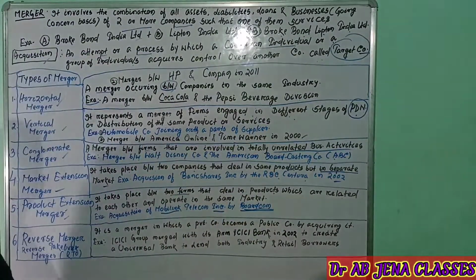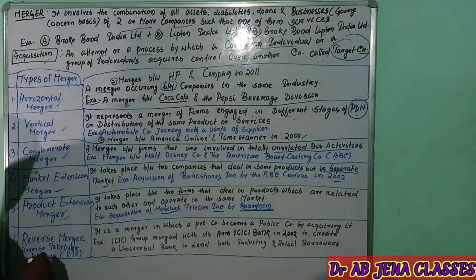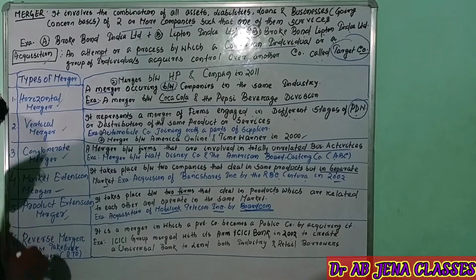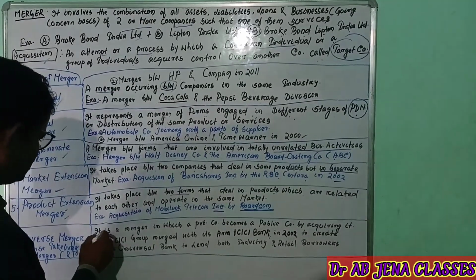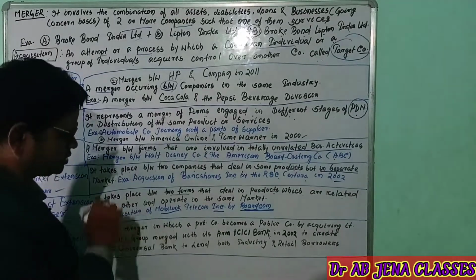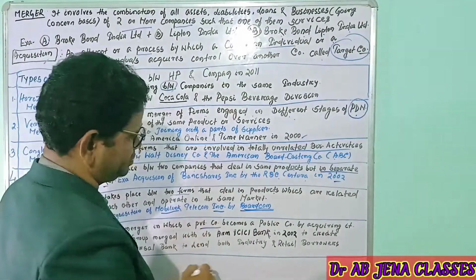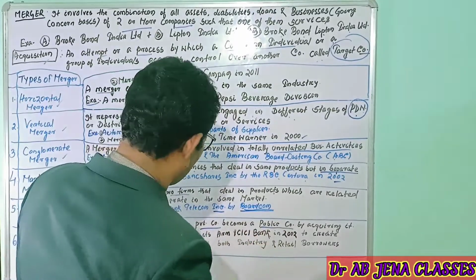So the next one, the last type of merger, is the reverse merger, or you can say the reverse takeover merger, the RTO. What is this? This is a merger in which a private company becomes a public company.